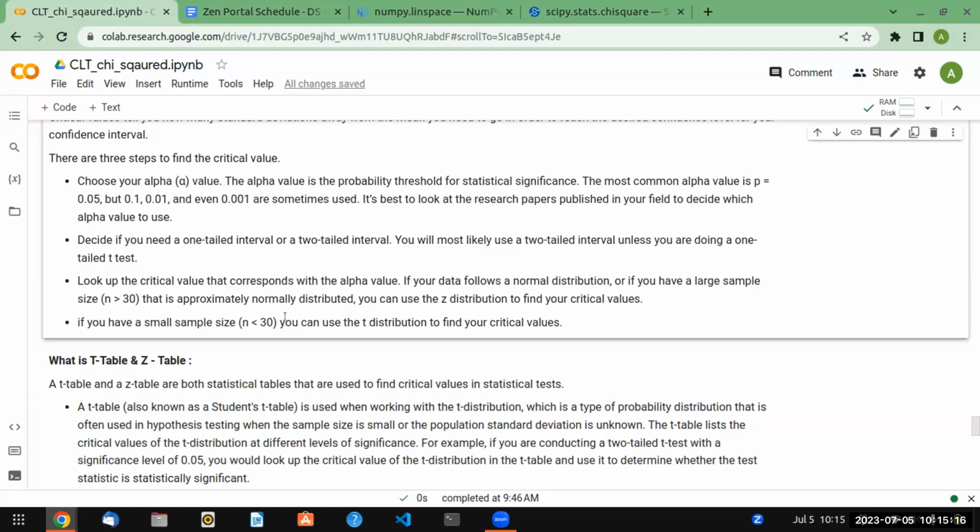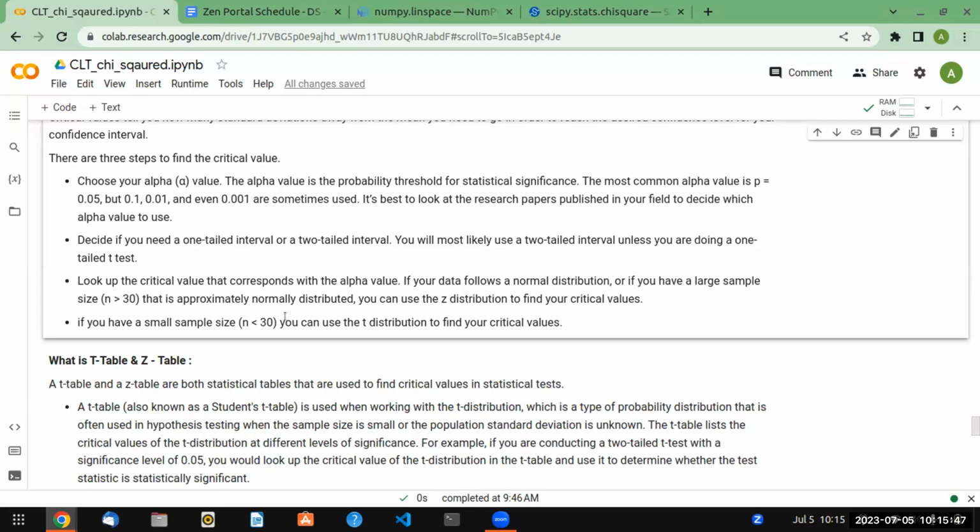So for example, if my sample size is 50 and I'm selecting a uniform distribution, that time my sample size is greater than 30, but the distribution was not normally distributed.